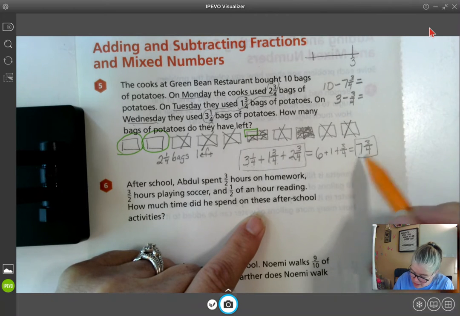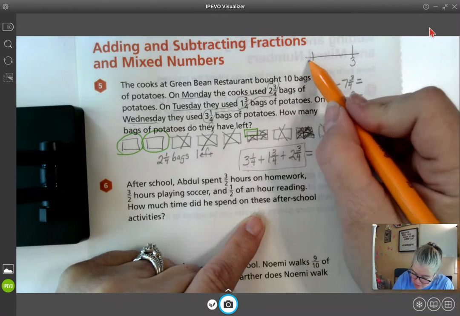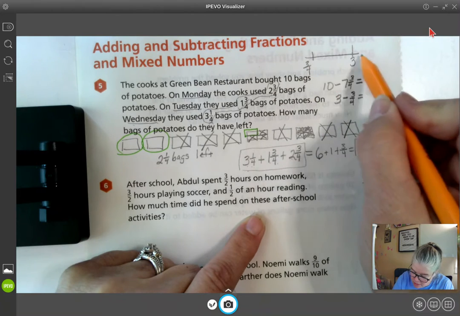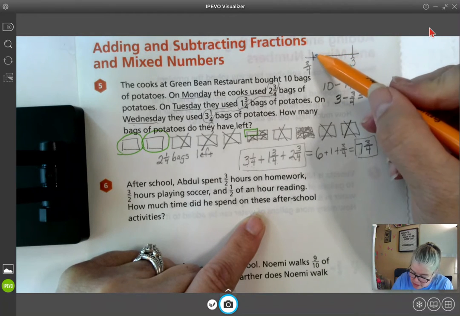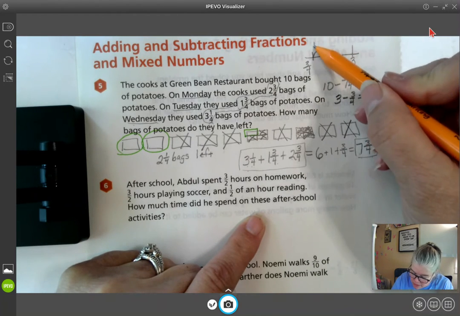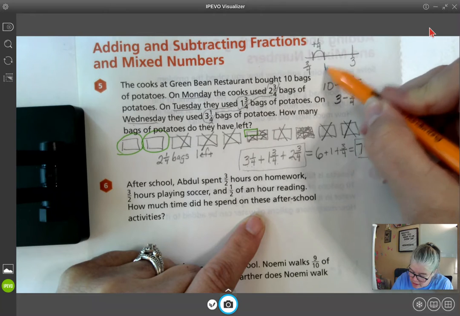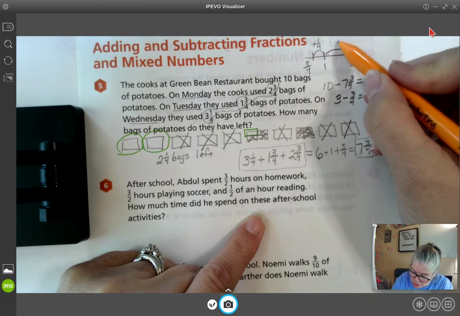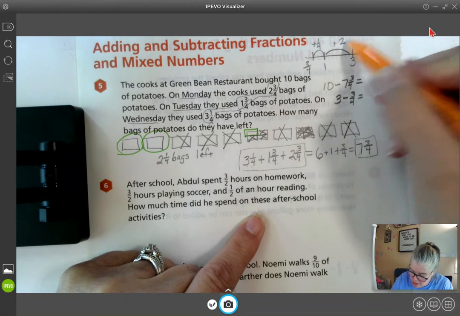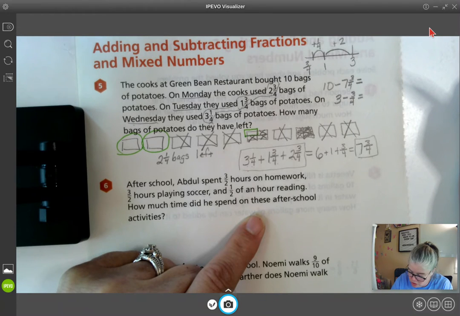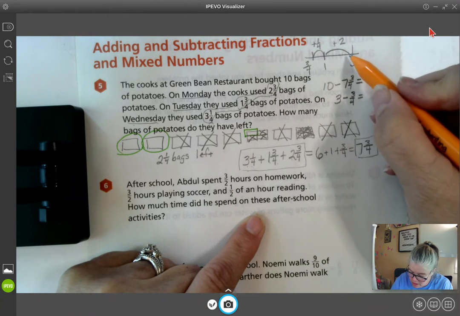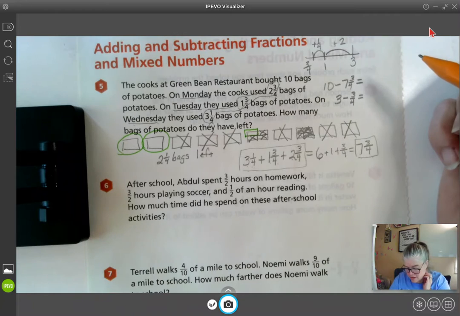Well, I can count up from 3/4 up to 3 with my open number line. So if I get one more fourth, 1/4, that's going to put me at 1. And then I know I need to go 2 and 1/4. 2 and 1/4.